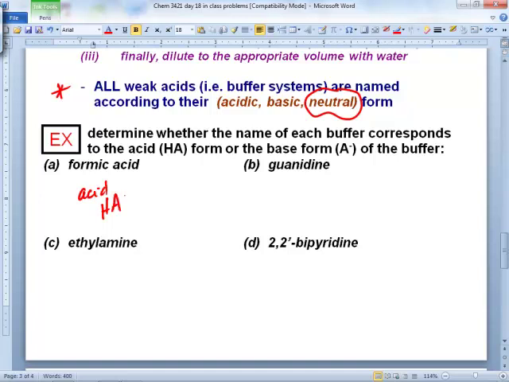Guanidine. Miriam's got a book. Miriam, look up guanidine. The question you have to ask yourself is, does it have a charge on it? It does, doesn't it have a little plus?